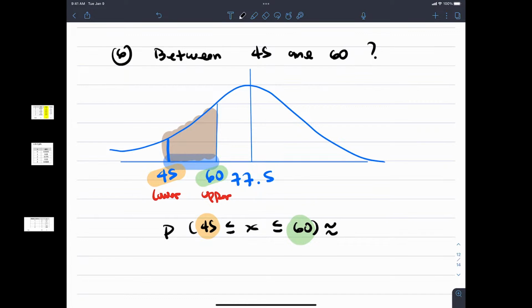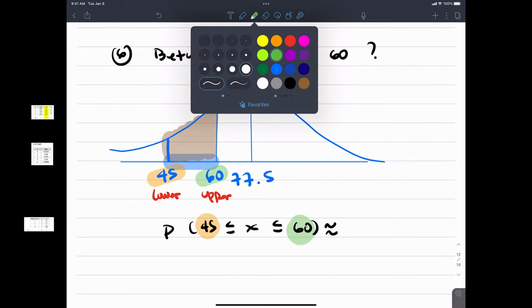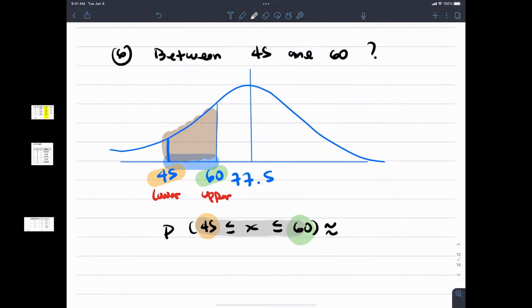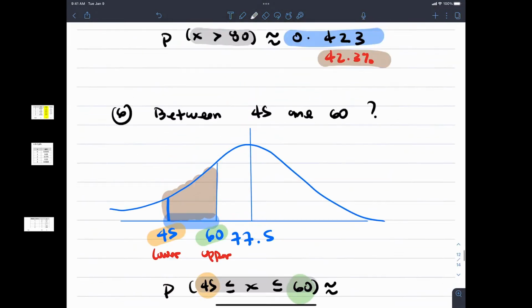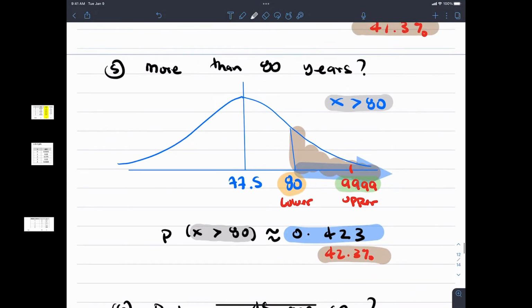These are kind of the nice, simple questions. You go, what do you mean nice and simple? Well, the between questions give you the lower and the upper. It's these other questions that don't, and then you have to use a default.